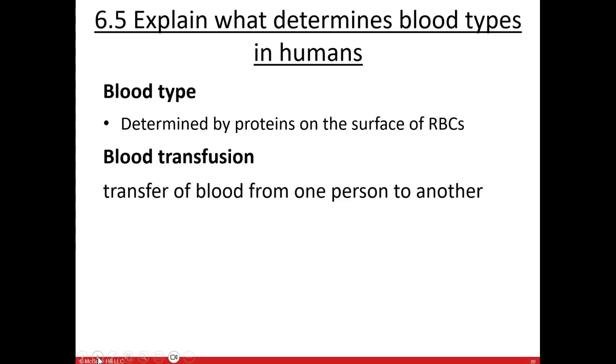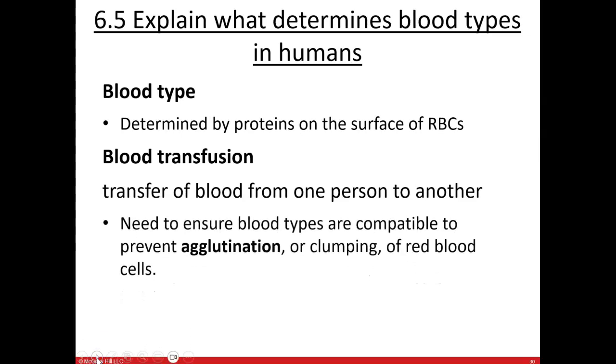A blood transfusion is when you transfer blood from one person to another. And there's all sorts of medical reasons why somebody might need a blood transfusion. So when you do a blood transfusion, you have to match blood types.